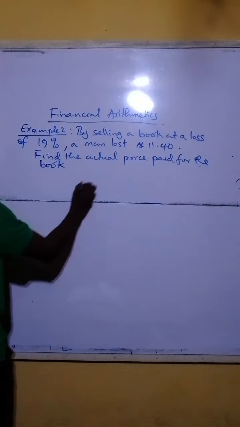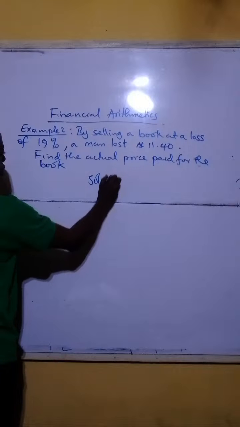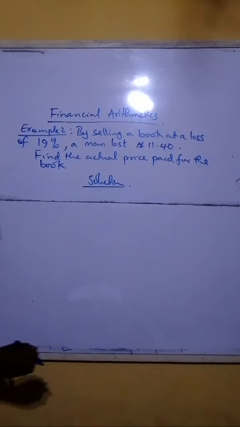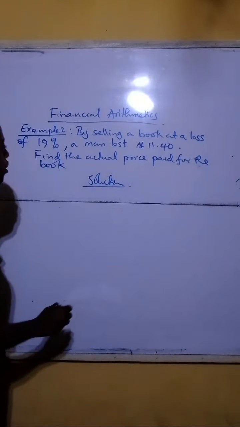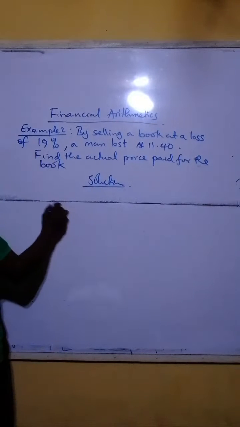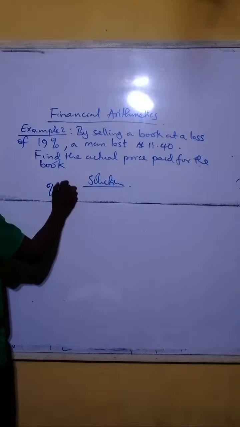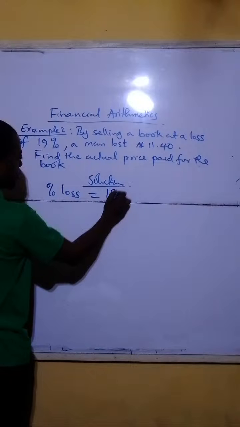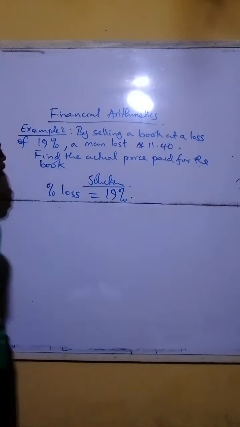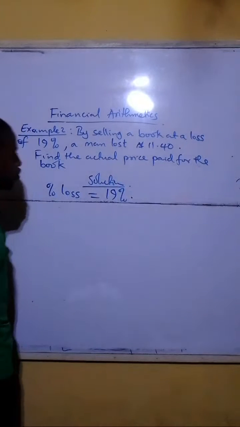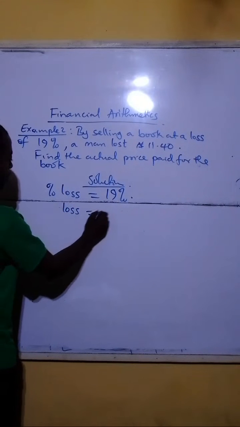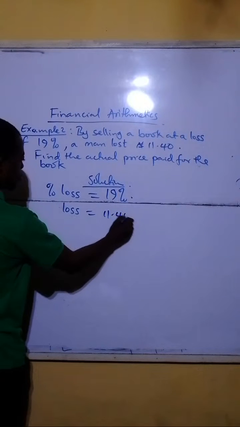Then, solution from here, we can state what we have from the question. By selling a book at a loss of 19%, that means the percentage loss has been given to be 19%. A man lost 11 naira 40 kobo, that means the loss has also been given as 11 naira 40 kobo.